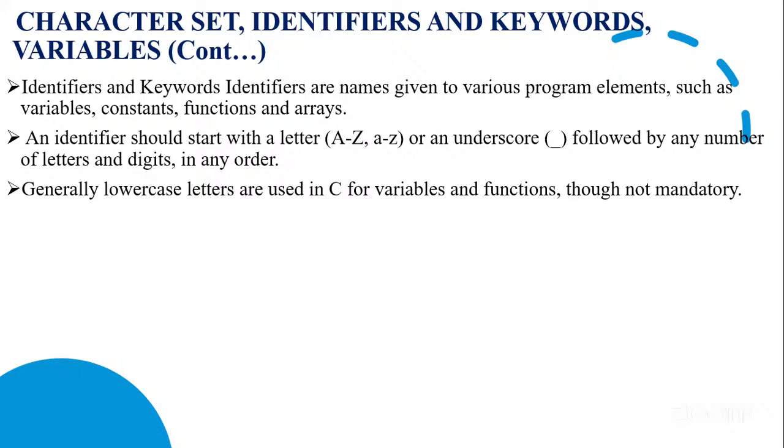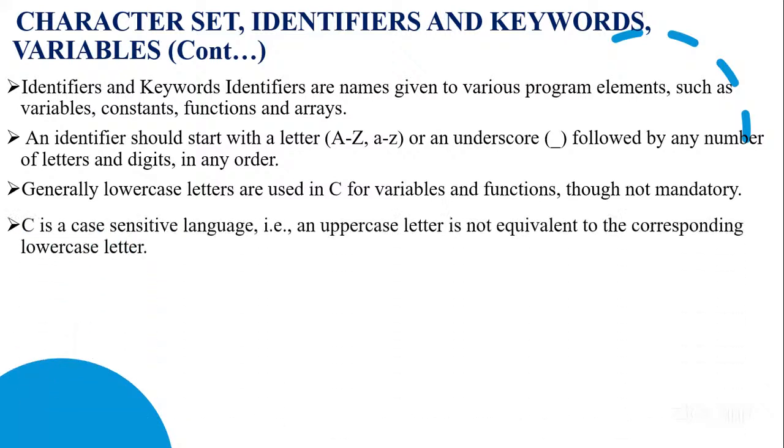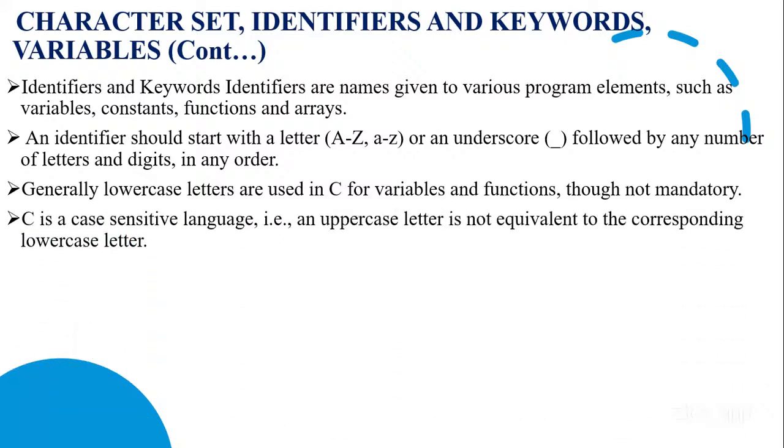You can use uppercase also. C is a case sensitive language. That means lowercase and uppercase are different. If you write capital A and small a, these two are different.